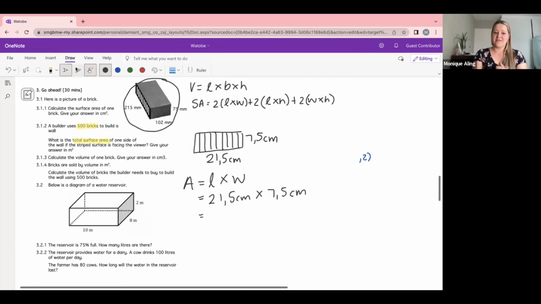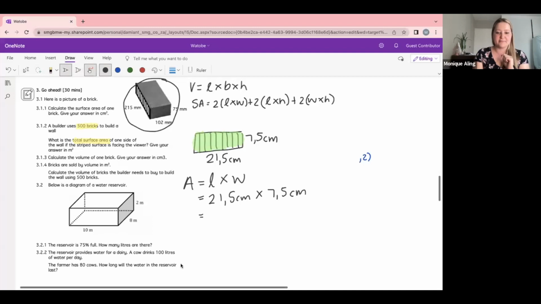So guys, all I've done here is turn the brick around and it's asked me to work out the area of this side. This side is just a rectangle, it's just 2D. When you times those together, what do we get?